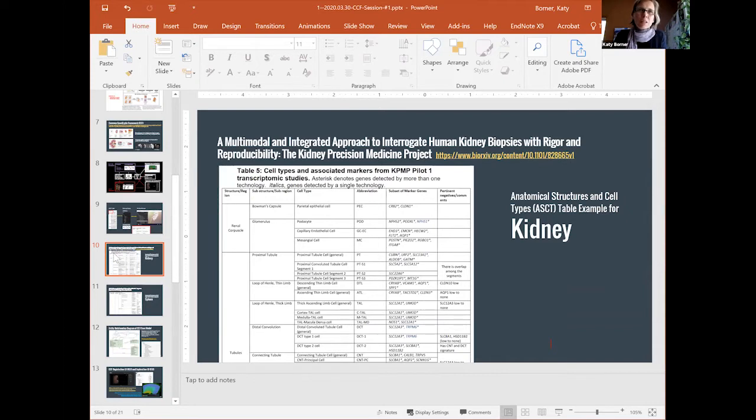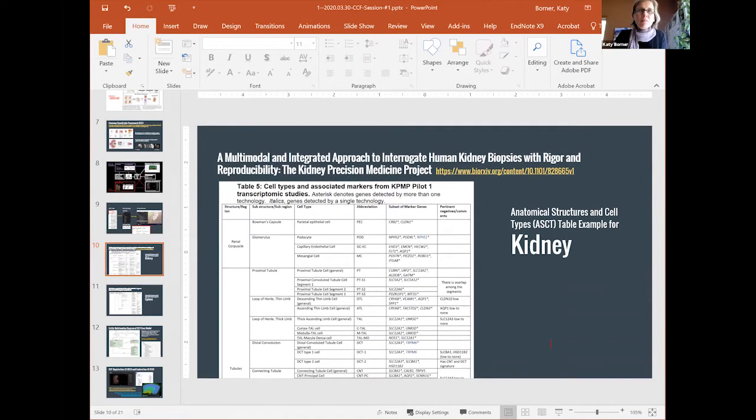And some of you might have read this paper, and this is table 5 in this paper, which for a while was just called table 5 within HubMap, but then ultimately got renamed into anatomical structures and cell types table. And here's an example for the kidney.